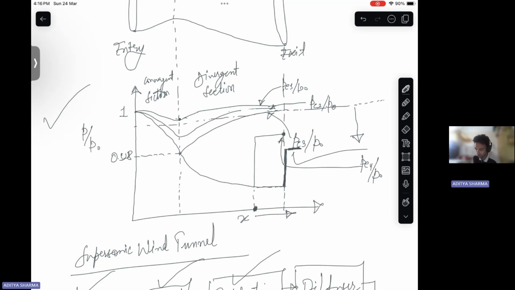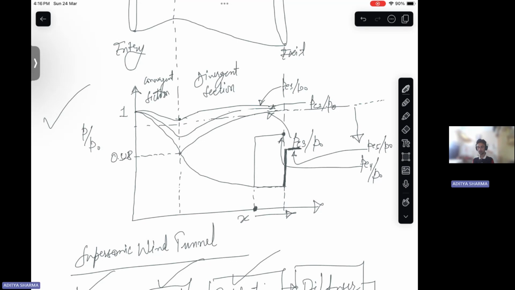So this will be, let's say, PE5. PE5 is that exit pressure where the shock is standing at the exit of the nozzle, right?